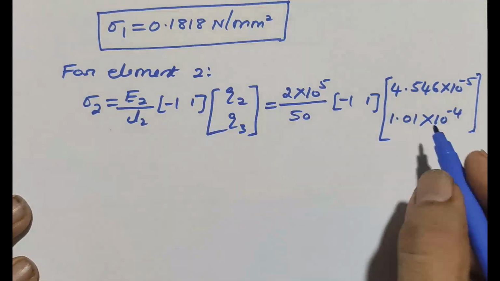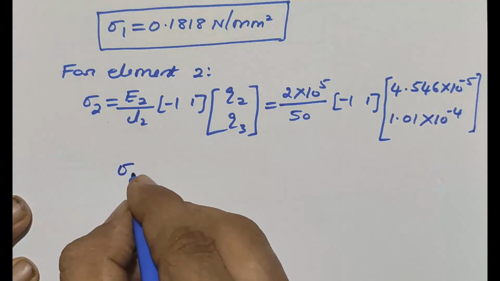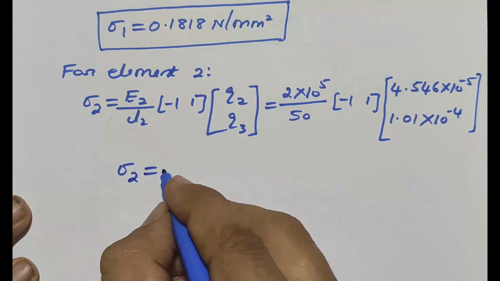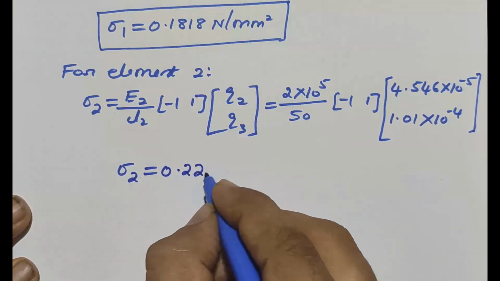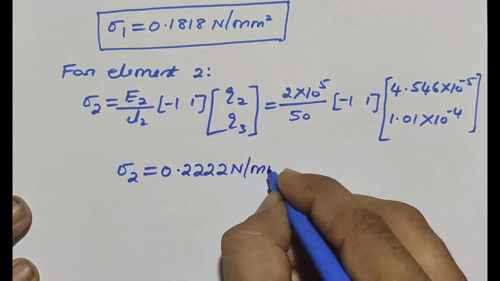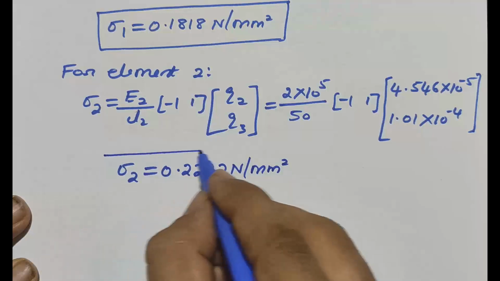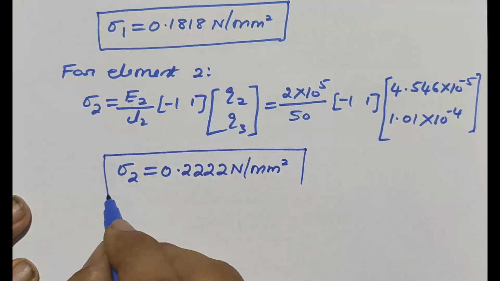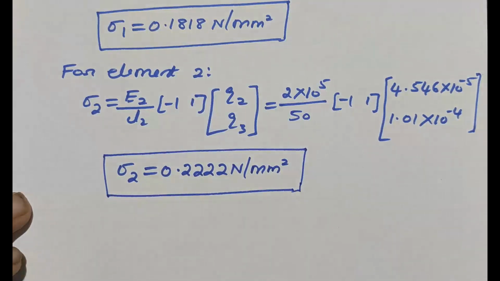If you simplify this, we will get sigma 2 is equal to 0.2222 Newton per mm square. This is the stress in element number 2. Thank you.